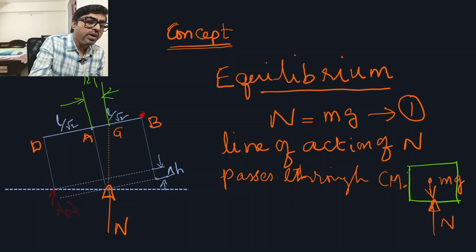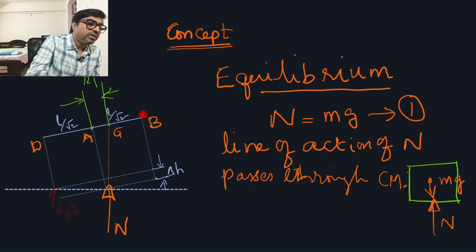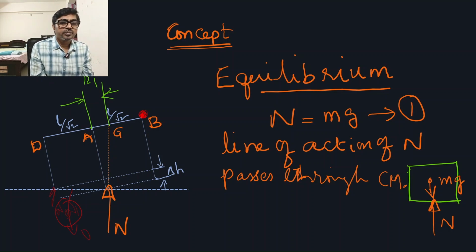So there will be a point where enough mass has been added here that the leg below D is just about to be lifted up. Not lifted yet, it is still in rotational and translational equilibrium, but about to be lifted. When it is about to be lifted up, the normal reaction at D becomes 0. That is what we call about to lose contact, the break of the surface.